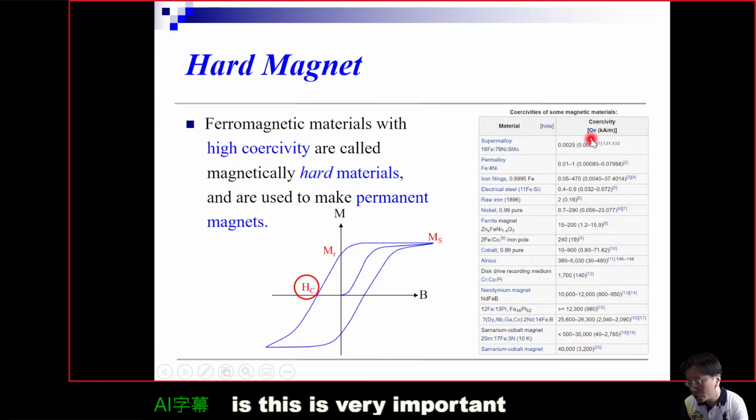Both measure the strength of a magnetic field, and they are almost equal but have slightly different definitions. You can think that one Oe is equal to one Gauss. So 0.0025 Oe or 0.0025 Gauss means a very weak magnet.